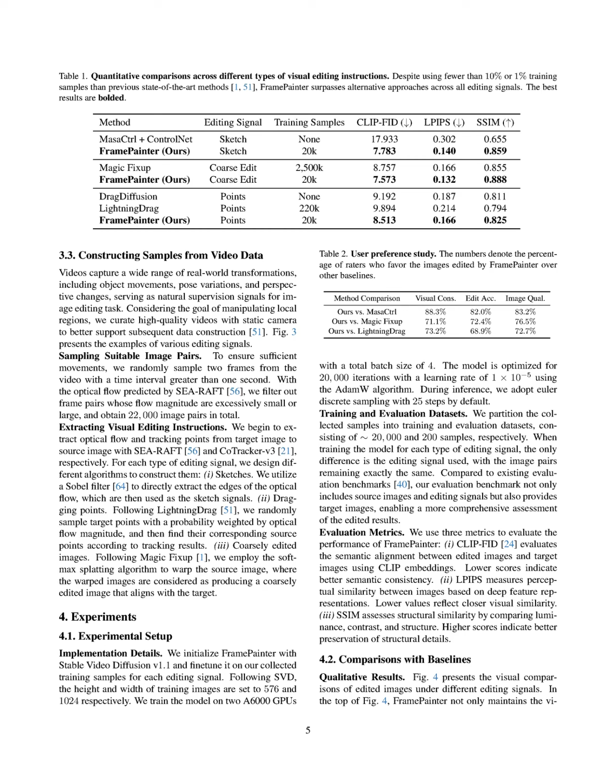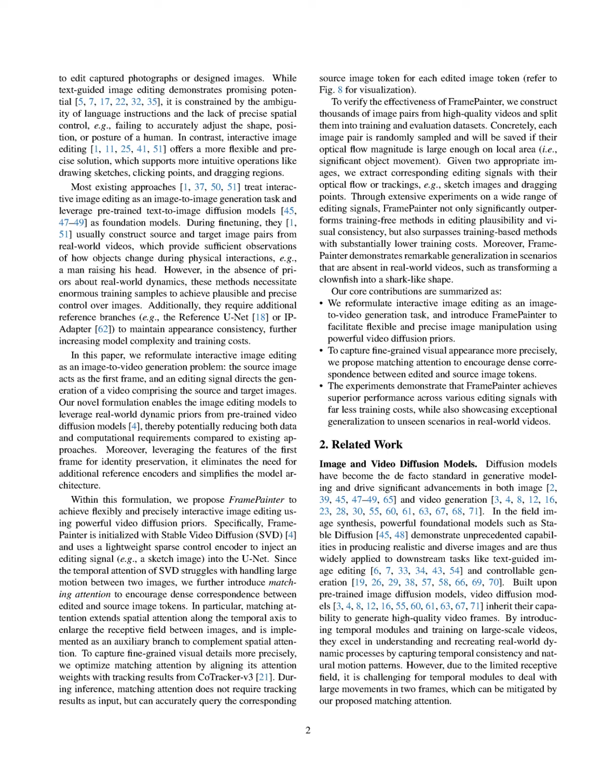Specifically, the training dataset consists of approximately 20,000 image pairs, while the evaluation dataset includes around 200 samples. The evaluation metrics applied to assess FramePainter's performance are clip-FID, which measures semantic alignment, LPIPS, which evaluates perceptual similarity, and SSIM, which assesses structural similarity.